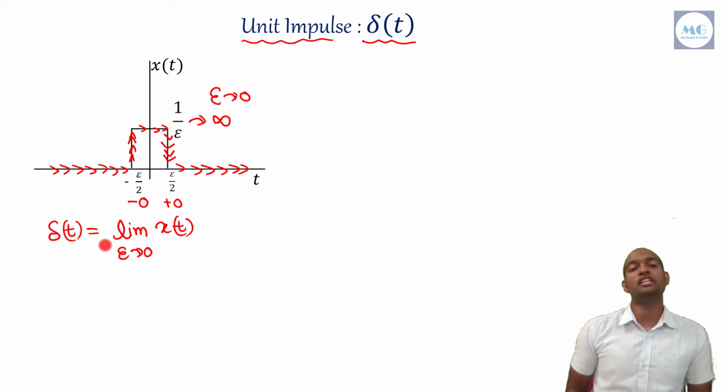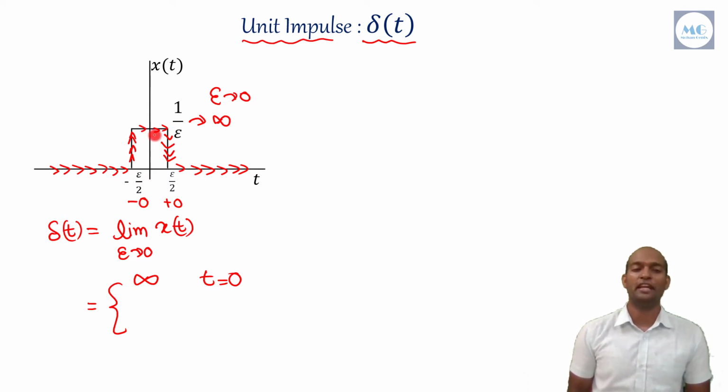That means delta t is equal to limit epsilon tends to 0 of x(t). You see, this is the x(t). That means we can also say that any signal which is infinity at t equal to 0, you can see here at t equal to 0 its magnitude is infinity, and for t not equal to 0 its value is 0. We can see here for any other value of time, its value is 0.